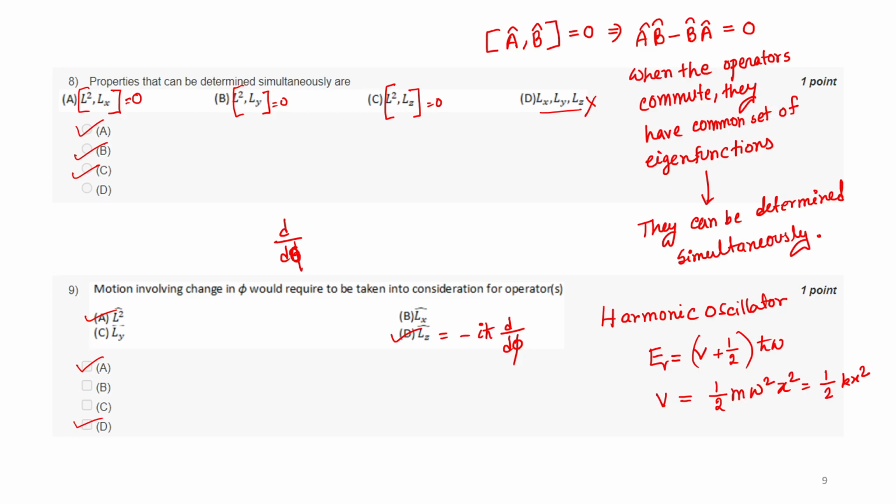This is a homework problem: for a harmonic oscillator, we know the total energy of a state. We can calculate, determine that. We know the potential energy, but the kinetic energy is never discussed. Why so? The answer is there in this slide only.